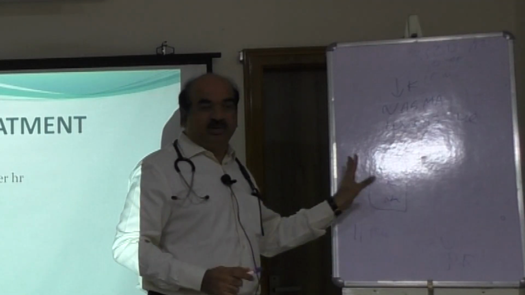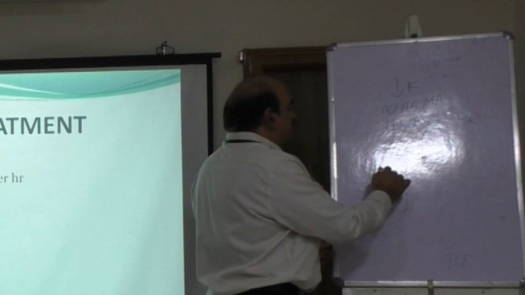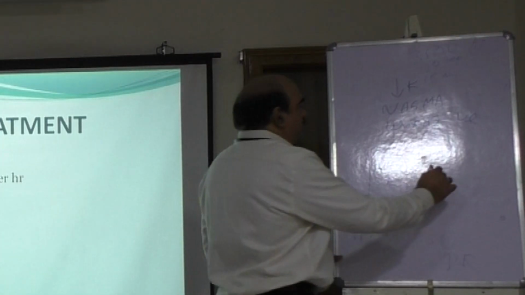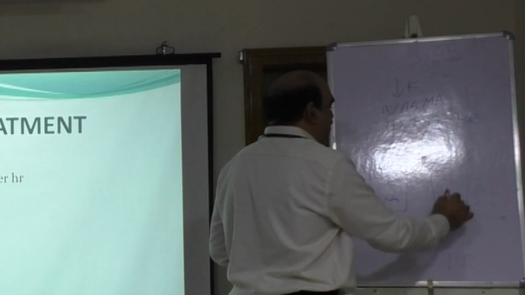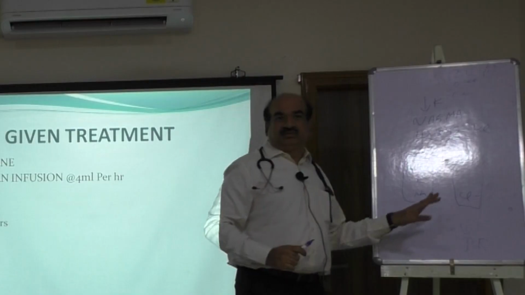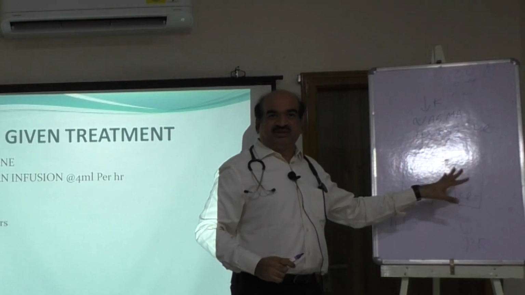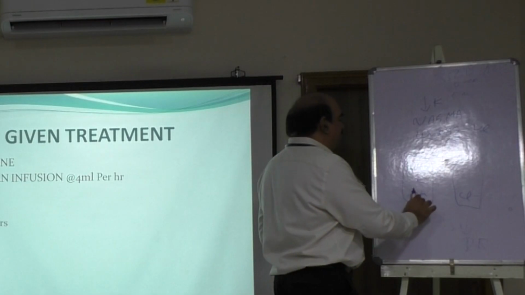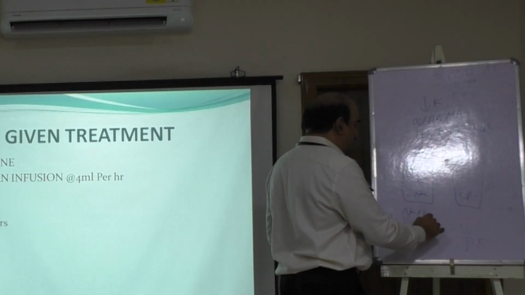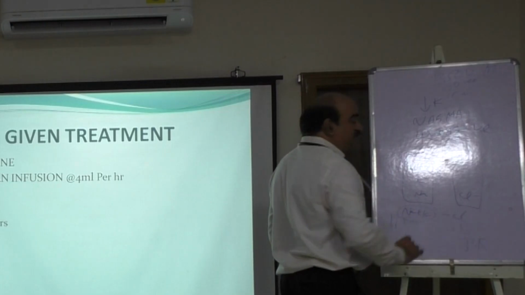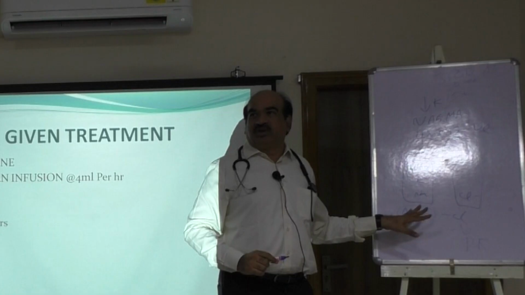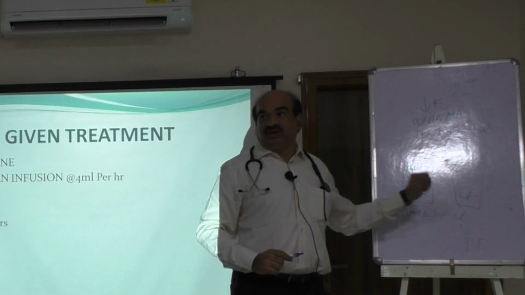The unmeasured cation is ammonium, NH4. Among the anions, the most important is chloride. The measurable anion is chloride. So sodium plus potassium minus chloride is the urine anion gap. The formula is sodium plus potassium minus chloride.